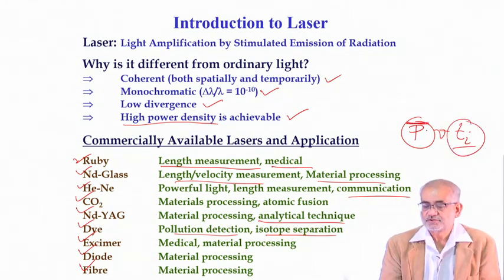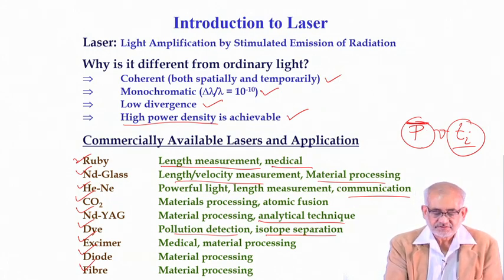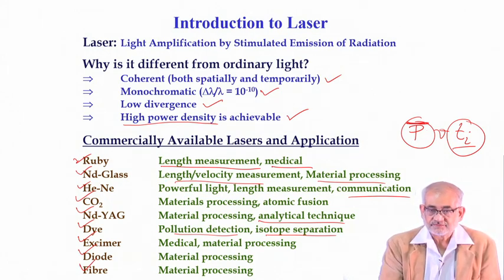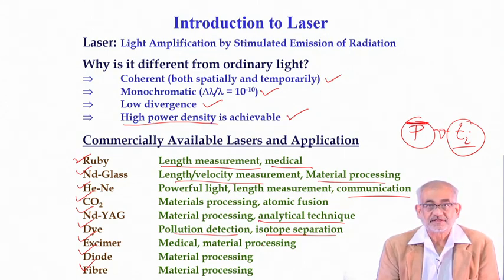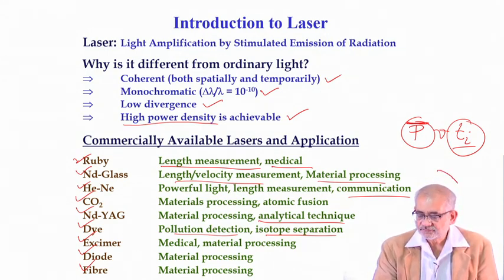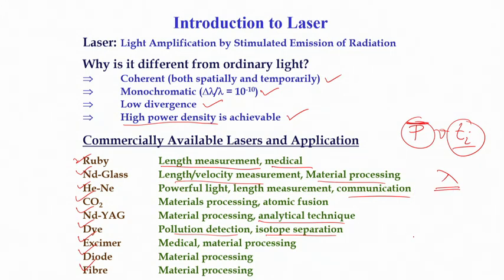These are the two most important parameters, and they will determine what kind of laser we choose for the given application we have in mind. We also will certainly worry about the wavelength, because the wavelength determines what level of absorption can happen. So these are from the laser side.